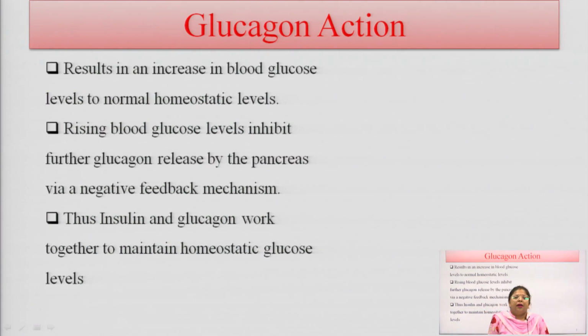So, the main purpose of glucagon is to raise the level of sugar in the blood to the normal homeostatic level.